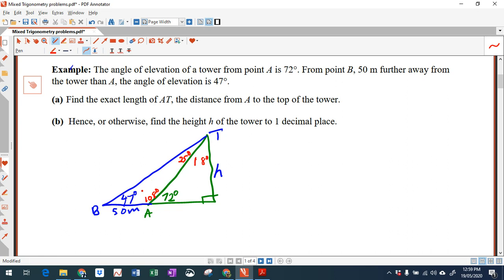Now we're going to use the sine rule here because we've got to find this side. We're given this side here and we've got two angles. So this angle is opposite this side. So we're going to start off with AT divided by sine 47 degrees is equal to, now the other side we know is 50, 50 divided by, and the opposite angle to 50 is 25 degrees, so sine 25 degrees.